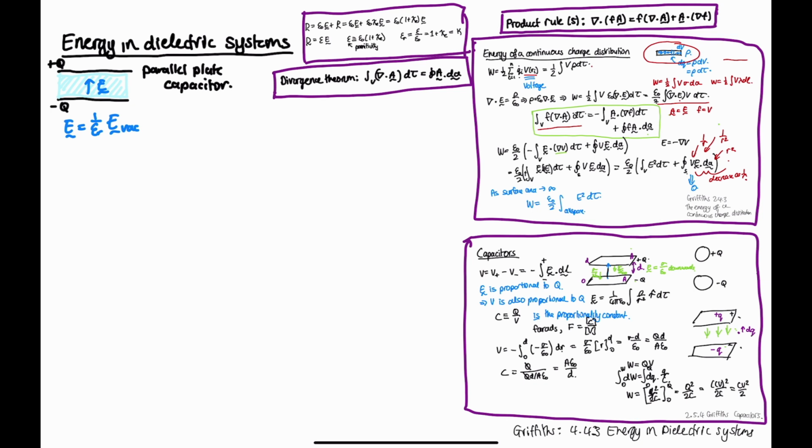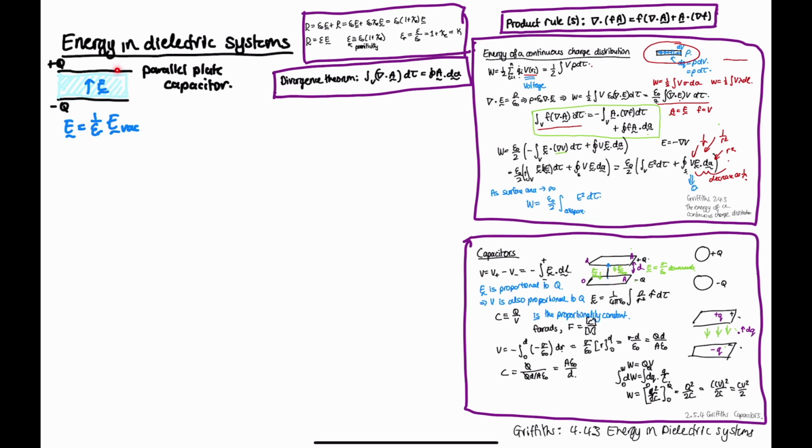Now, remembering back to when we were considering capacitors, we said that the capacitance was equal to the charge on each of the plates, so one has plus Q, one has minus Q, divided by the voltage. And this voltage difference comes about because of the electric field between the plates.